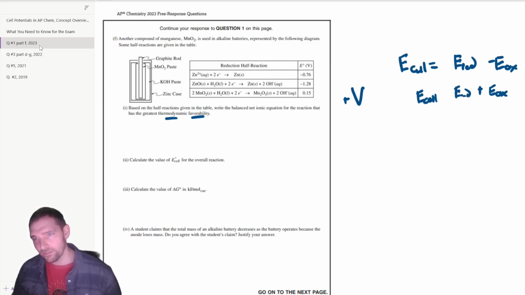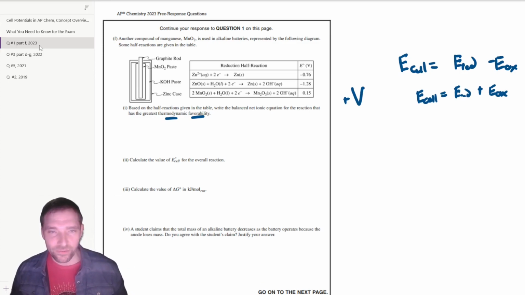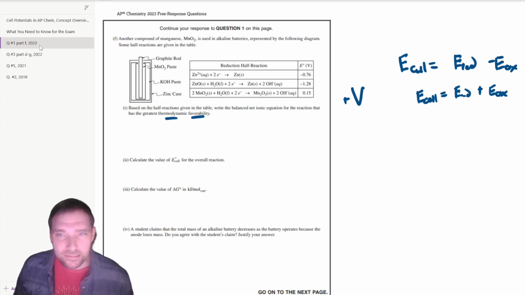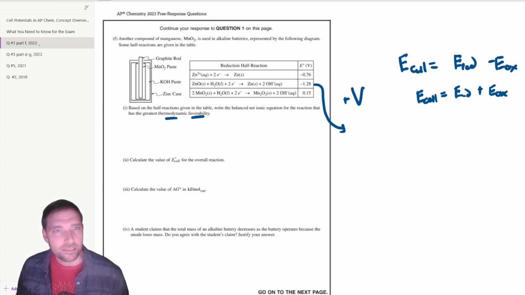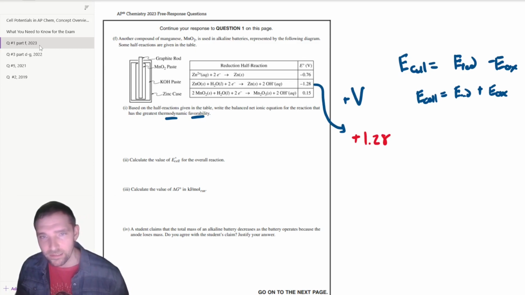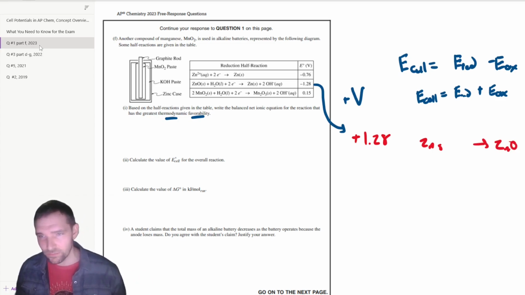This is often not even given as a formula to students. They just need to know how to work through this. But what we can see is that if I could flip that, that would be great. So if I'm thinking about the opposite reaction, now this would be a positive 1.28, with zinc solid now going to form the zinc oxide.